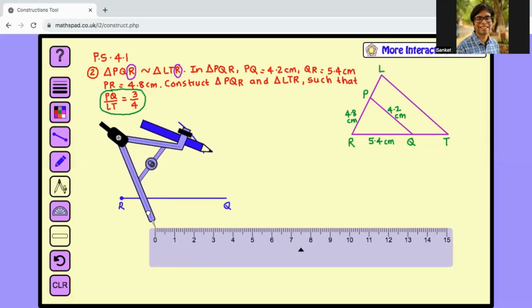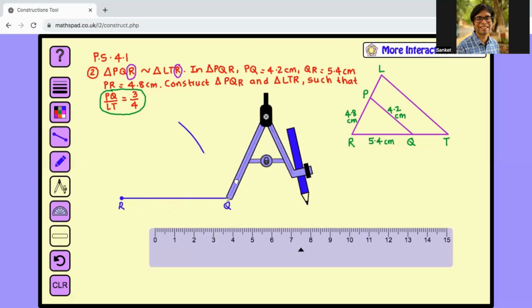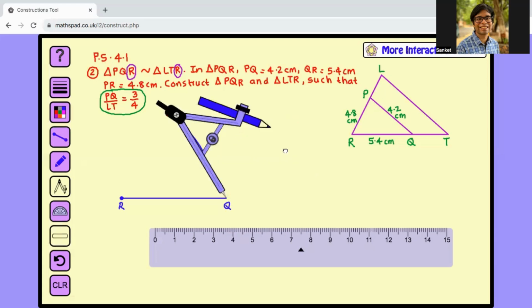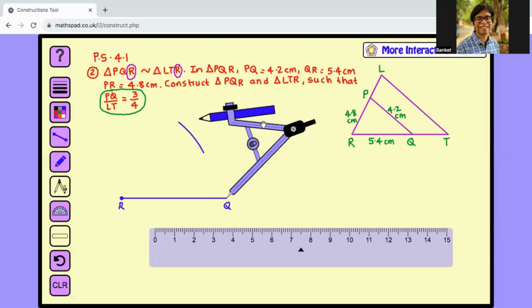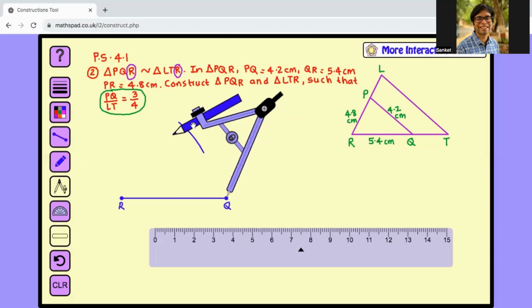Now I want to measure 4.2 centimeter. So I will measure 4.2 centimeter, put my compass on point Q because now I'm constructing the side PQ. And I will make an arc such that it intersects with the previous arc.